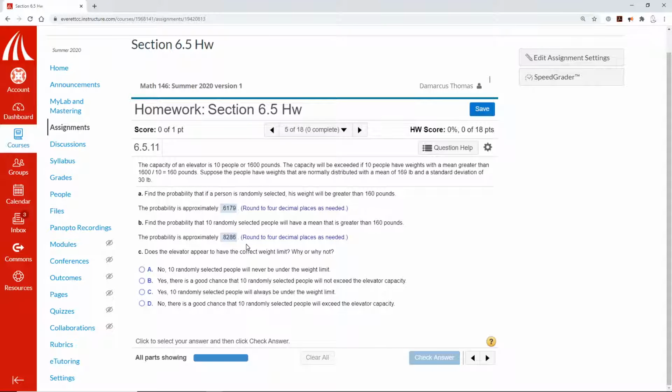So this is pretty dangerous. The other 17 or 18% of the time, the elevator will be filled over capacity.